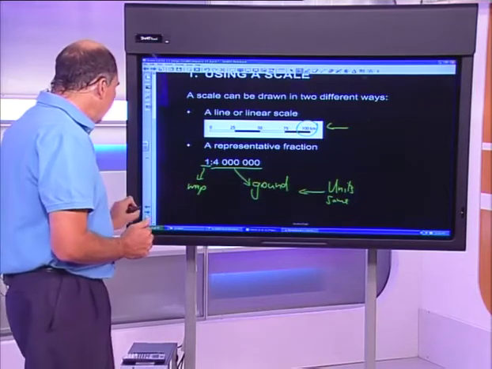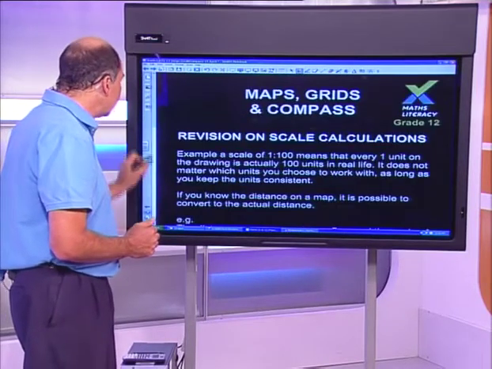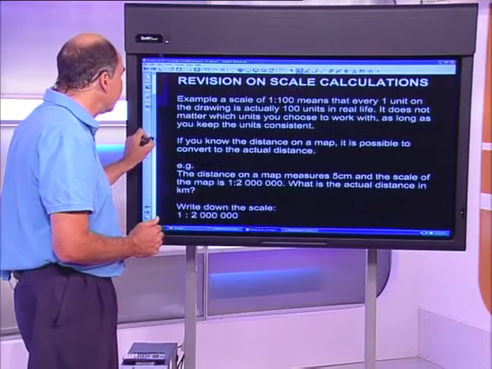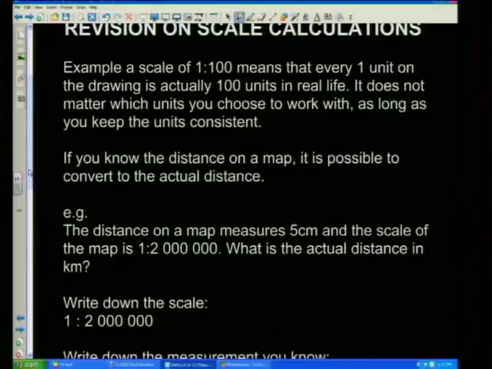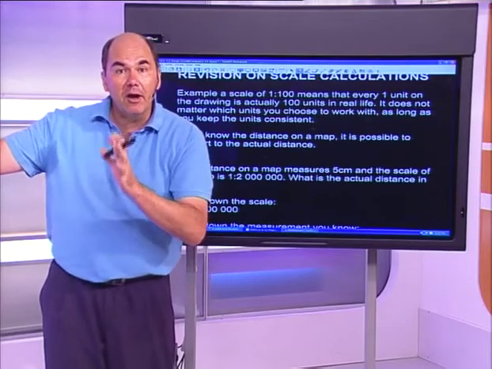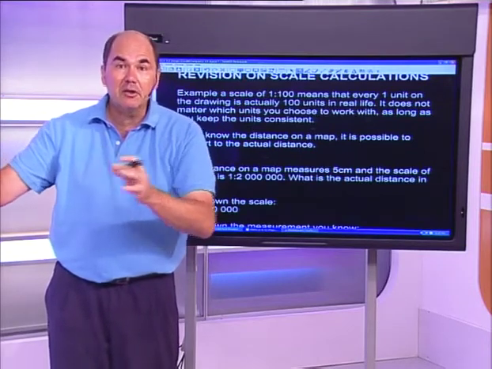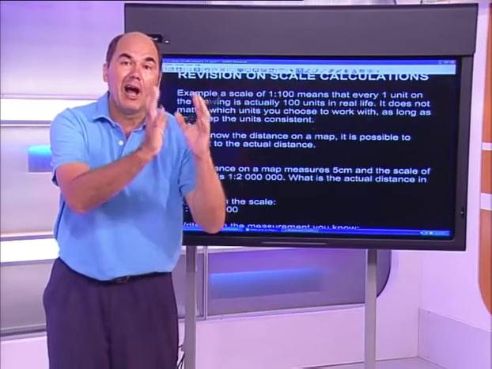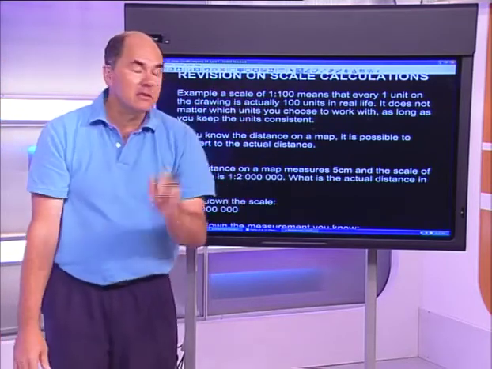Okay, let's just do one little example, because this is really revision and it's really quite easy. We often have to convert and measure things in scale. We either take a measurement on the map and then ask how far that is on the ground, or we say how far something is on the ground, and we have to work out what the distance is on the map.